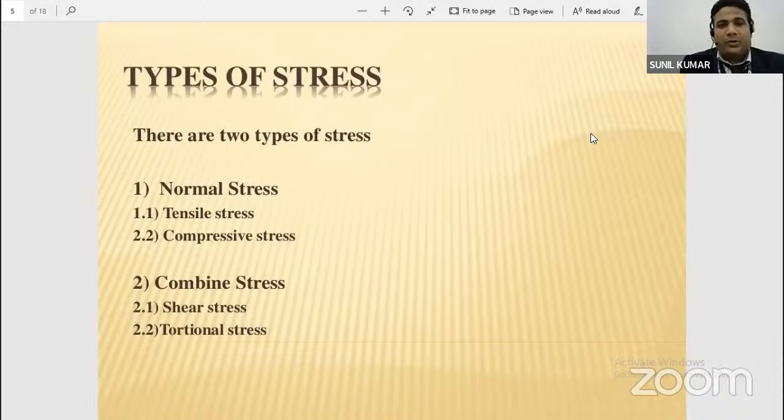According to the definition, normal stress is the stress which acts in a direction perpendicular to the area. It is represented by sigma. Normal stress further divides into two categories, tensile stress and compressive stress.